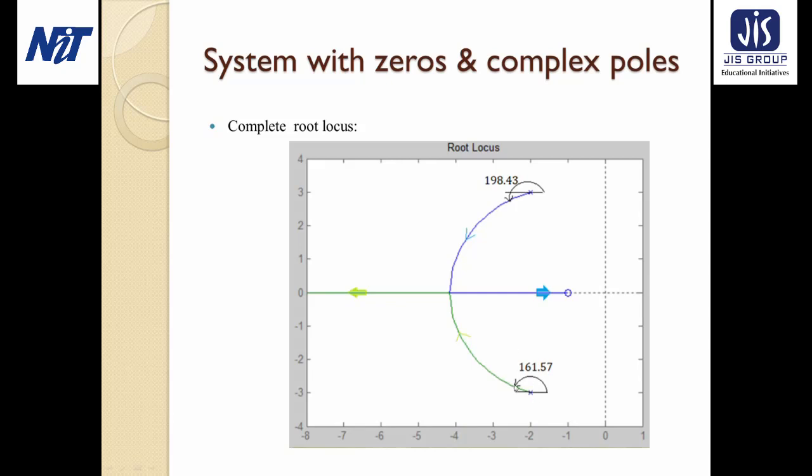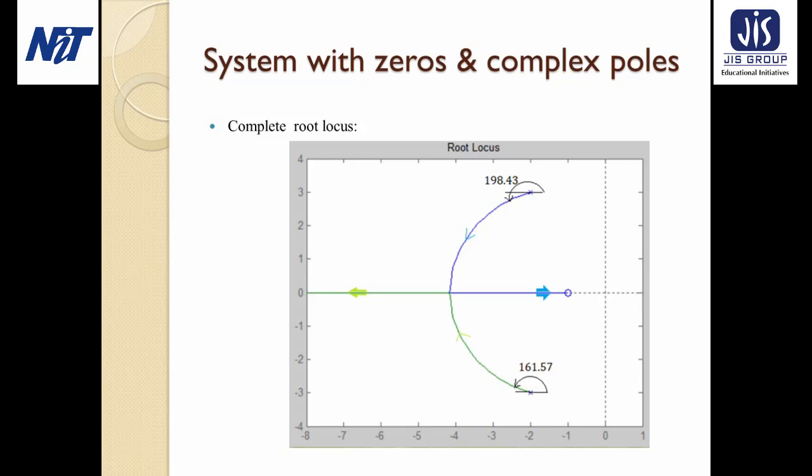And for this minus 2 minus j3, here the angle of departure is minus 161.57 degree. So from this angle it will be coming out from the second pole location. And both of these will join at the breakaway point.